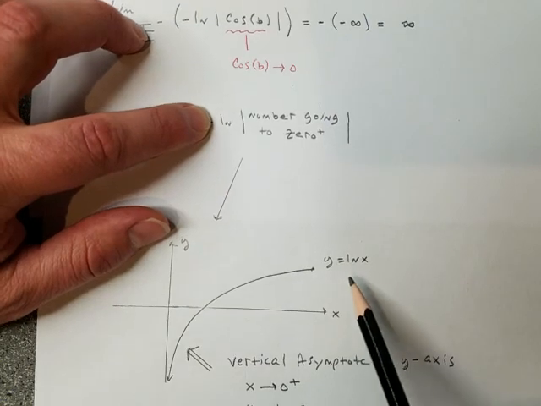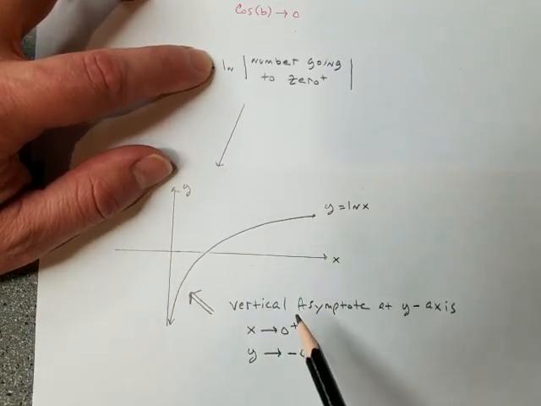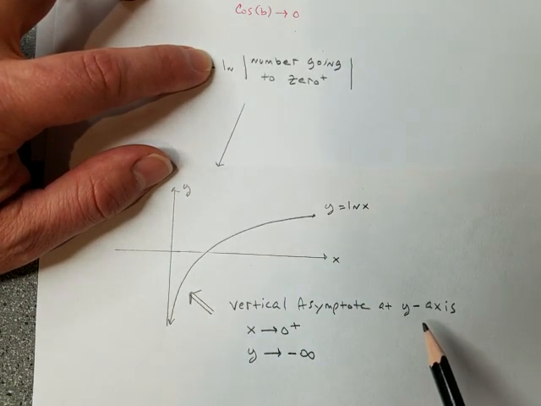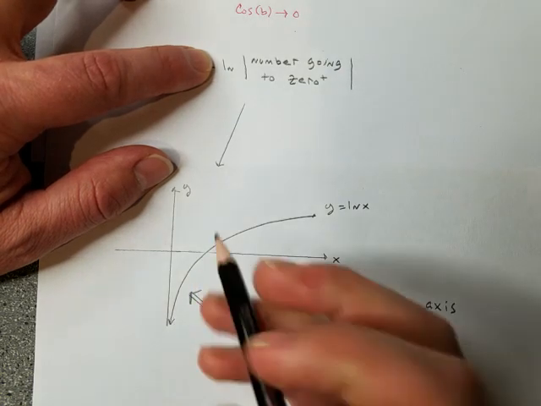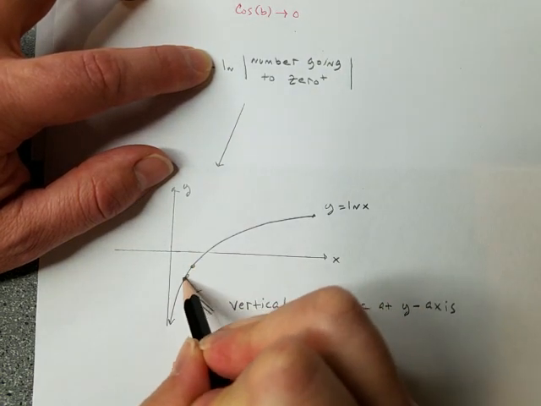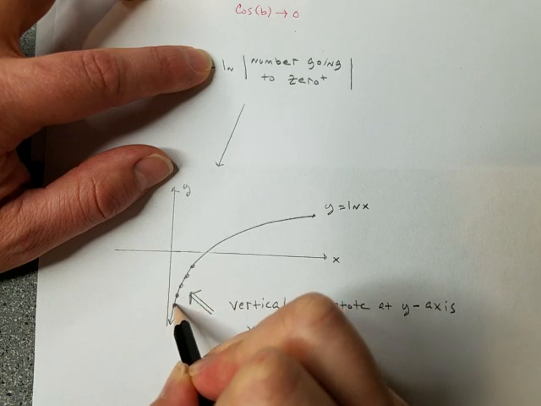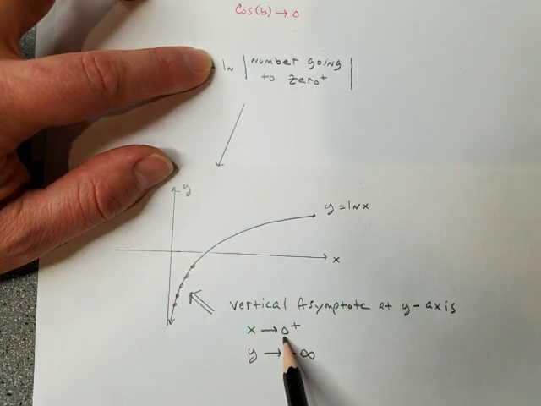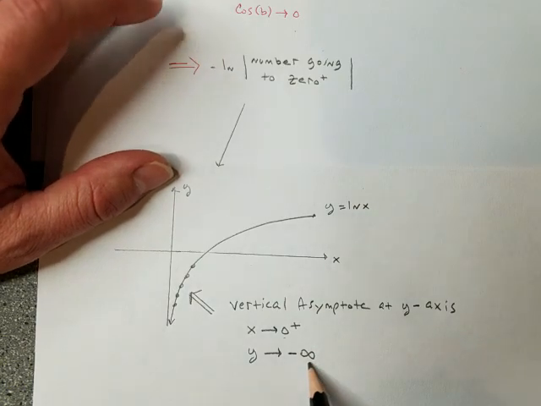So let's look at the logarithm curve. The logarithm curve has a vertical asymptote on the y-axis. And it's true that if you just follow points on it, as the x-coordinate of the point gets closer to 0 from the right, the y-coordinate will go to negative infinity.